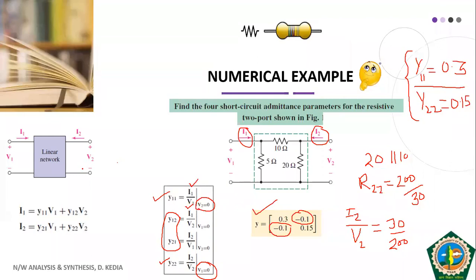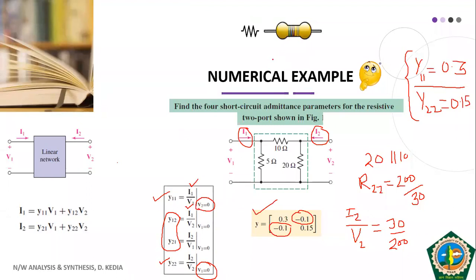Students, let me tell you one more thing. We are normally comfortable in the calculations of resistances or impedances, and at least personally speaking, I'm not that comfortable in the calculation of admittances. So you can also adopt one approach in a way that you can calculate impedance or resistance, and then you can reverse it and obtain the corresponding admittance parameters.